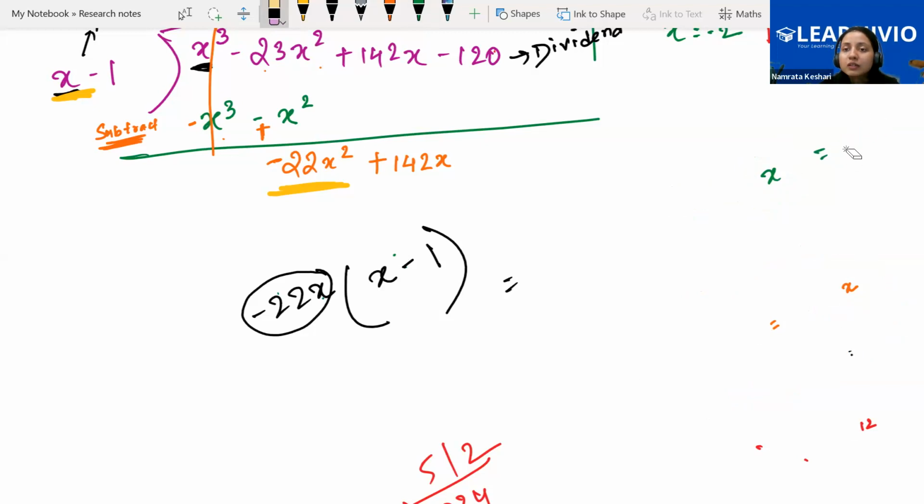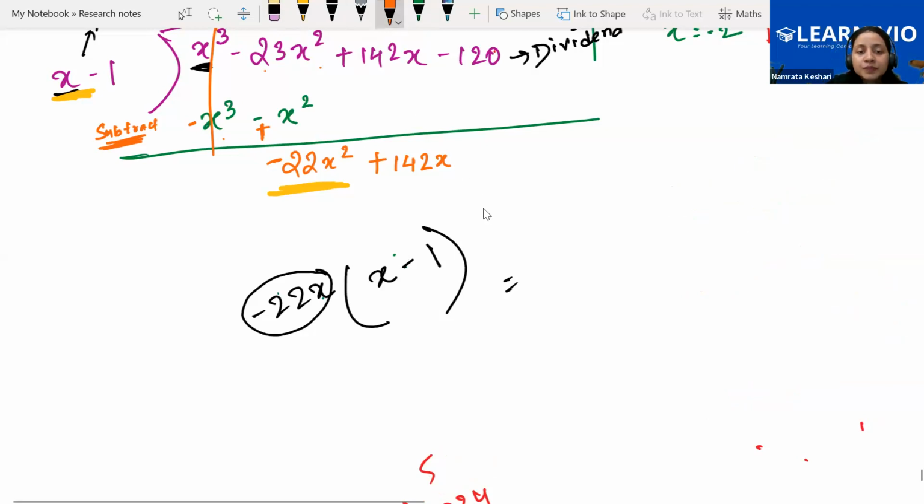We are applying the distributive property over here. We will distribute and multiply this minus 22x with the first term and then this minus 22x with the second term. If you multiply this minus 22x with only x, which is positive, let's do the multiplication. Minus 22x into just x. It will be minus 22x square.